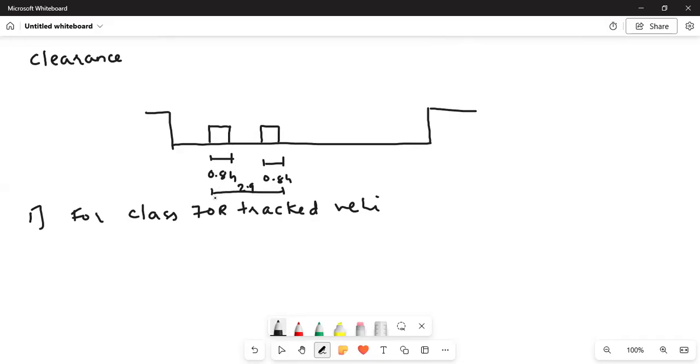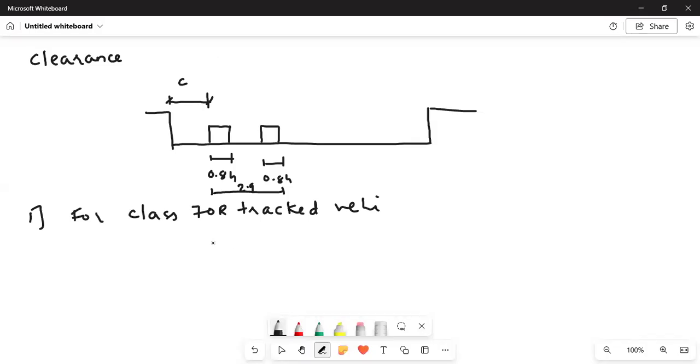Now, what is clearance? Clearance means the distance of the vehicle from the road face of the curb, also known as the footpath, to the outer edge of the wheel or the track. This distance is known as clearance.